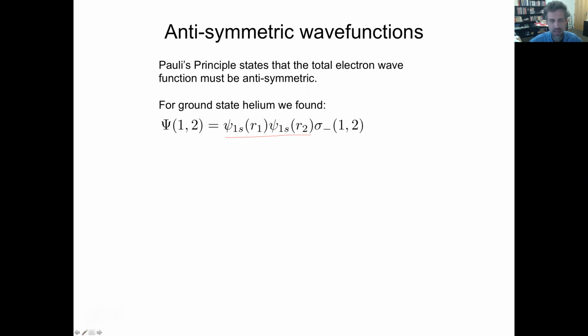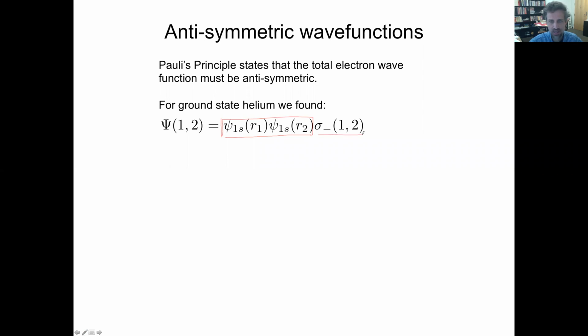And that is indeed the case, because it doesn't matter if you swap the labels of R1 and R2, because they're both in the same state. So nothing is changing. Since they're both in the same state, if you swap the labels, the situation hasn't changed. And therefore, this part, the orbital state of the wave function, is symmetric.